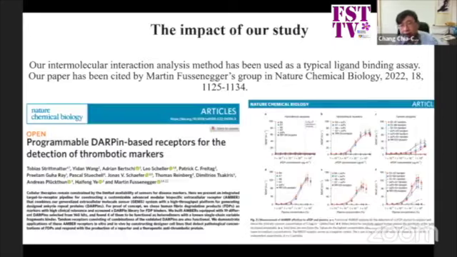Other research teams took our detection approach, and they can detect some dopamine-based receptor and thrombotic marker interactions, which was published in Nature Chemical Biology. So this kind of study is powerful for studying protein-protein interaction or other drug interactions too.